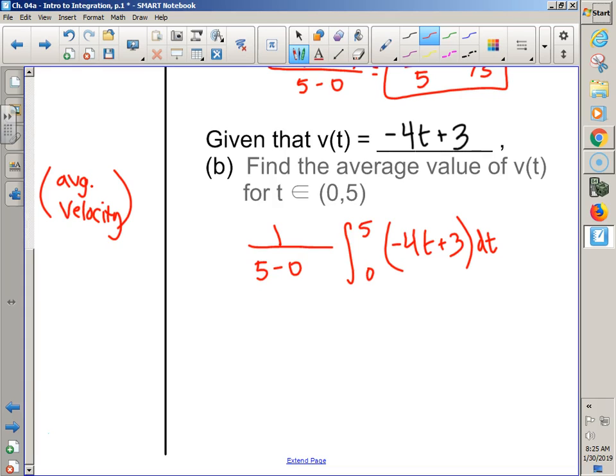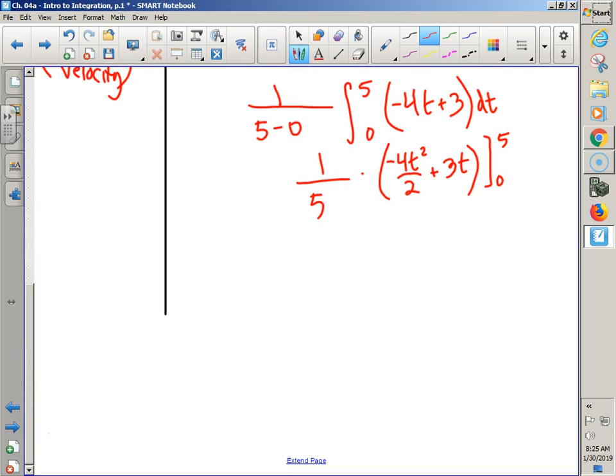Well, actually, no, hold on. What does the integral do? Wouldn't we just go ahead and do a quick little antiderivative, right? You guys can have some options on this. You could just keep that 1/5 out until the very end, and then plug in.